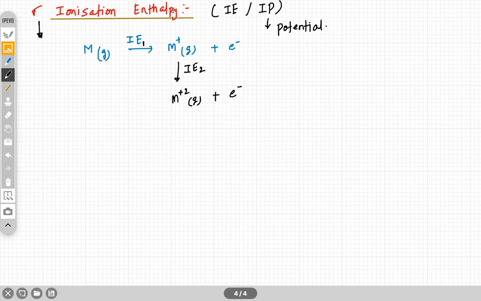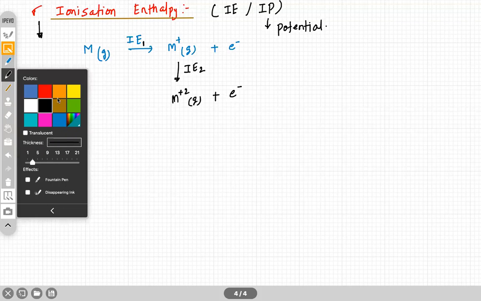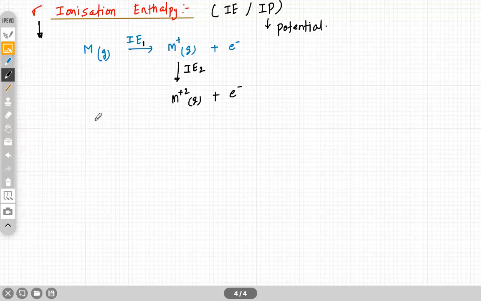So for example, if I take sodium as a gaseous atom and we provide IE1, it converts into Na plus gas and one electron goes out.